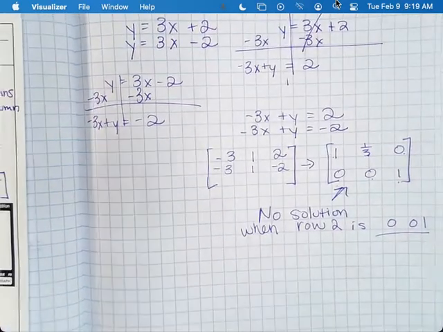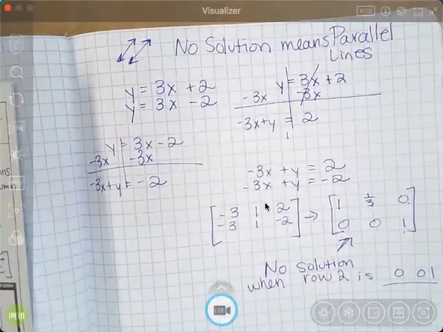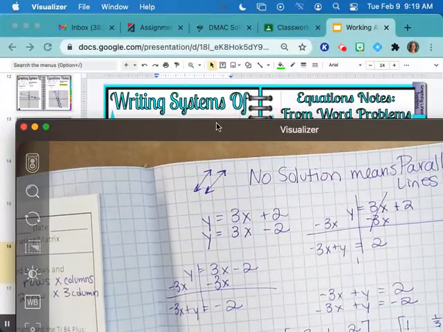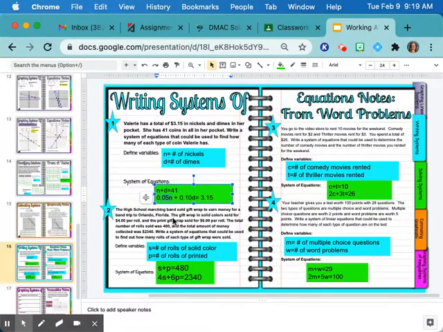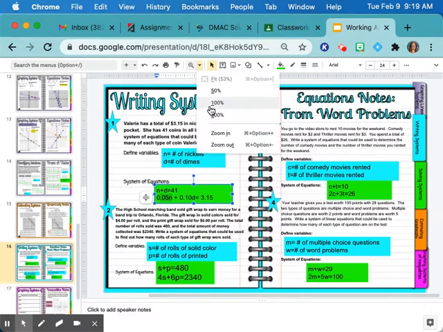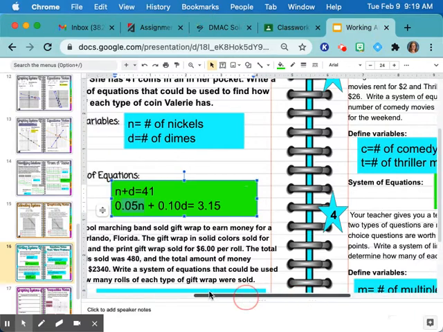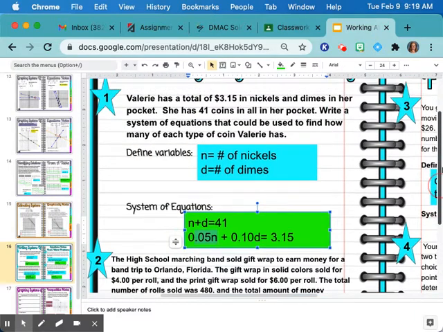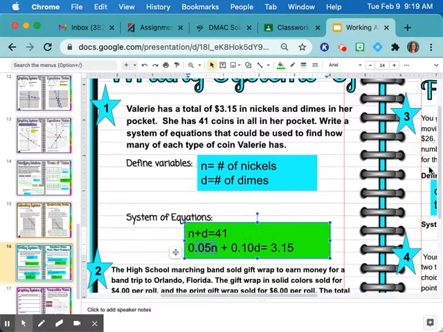All right, let's go to our journal, our digital interactive notebook. And we are going to find the solution to each one of these 4 problems, since we know how to solve them, and then we're going to write our solution in words.